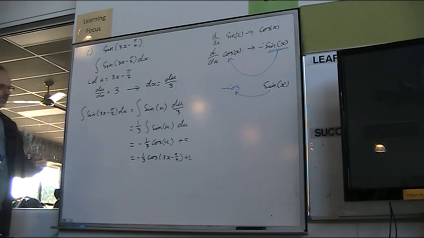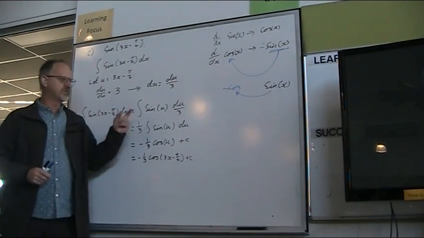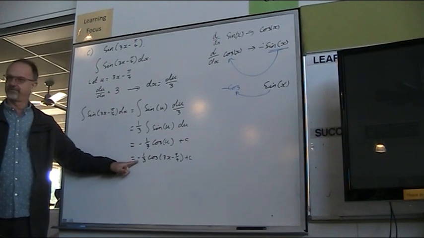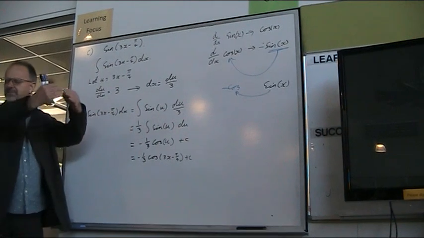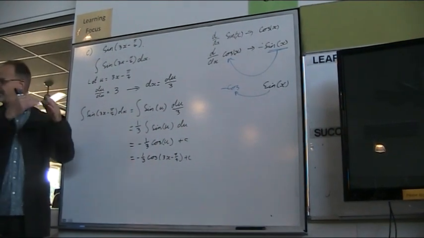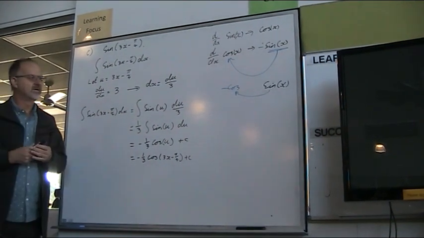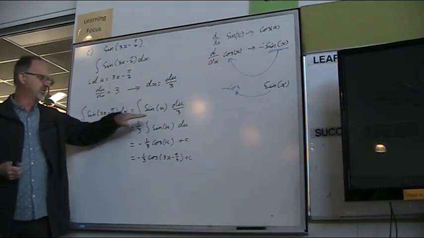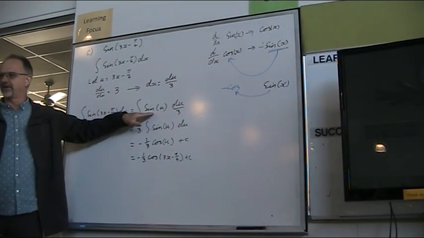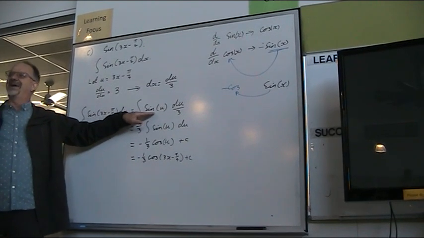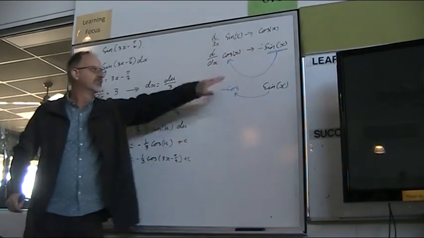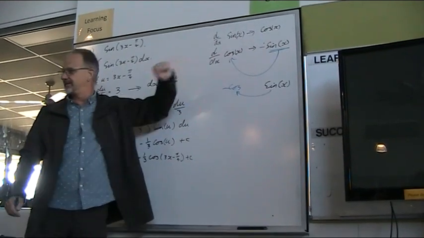All right, that's the one that kind of trips people up. Often forget the negative. You've got to think about we're coming back the other way. And so sometimes people go, oh, it's a sine, oh, that goes straight to cos. Yeah, we go straight to cos when you differentiate, but when you anti-differentiate, it's that second one.